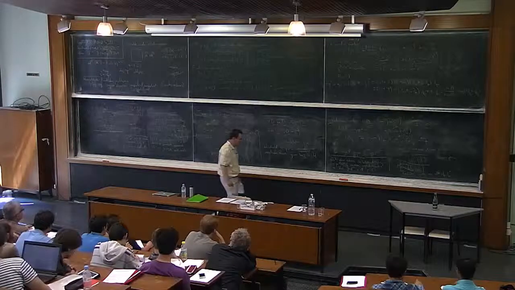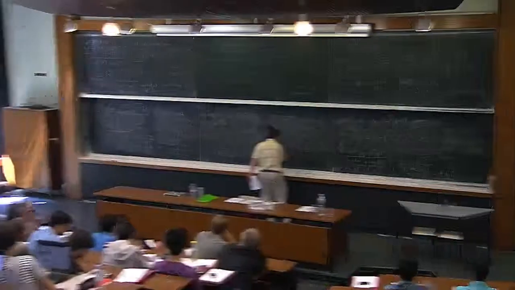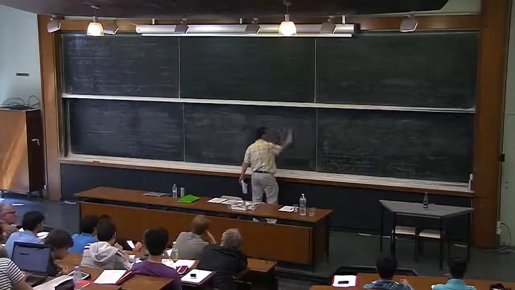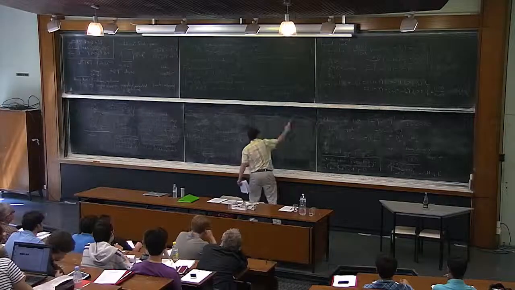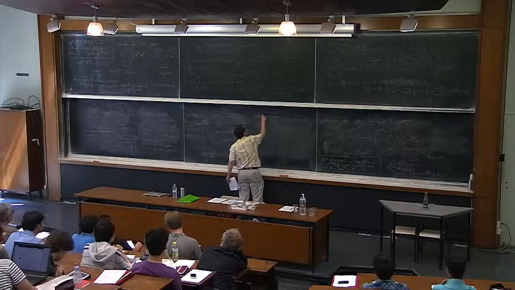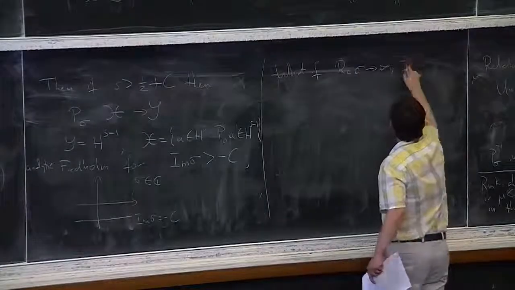Well, the only thing that happens is that here we want to take basically the real part of sigma large. The imaginary part is still going to be bounded. So, wave, but imaginary part of sigma bounded.